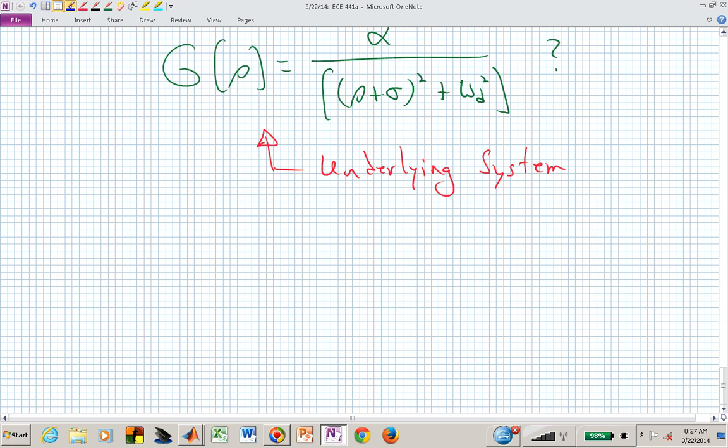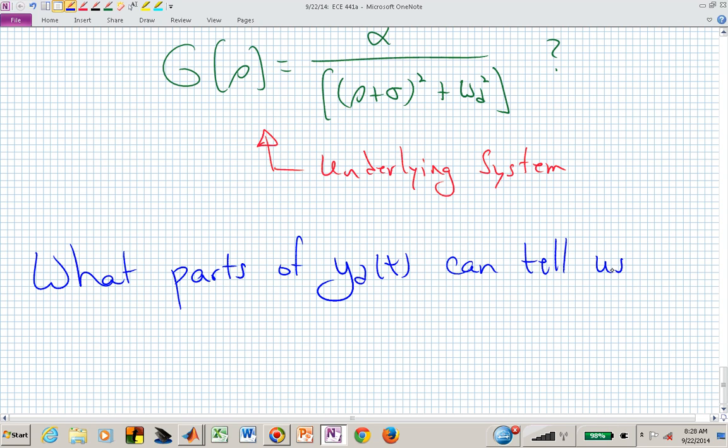Let's now look at what we have. What parts of this time domain response, y sub d of t, can tell us about this second order system, g of s?